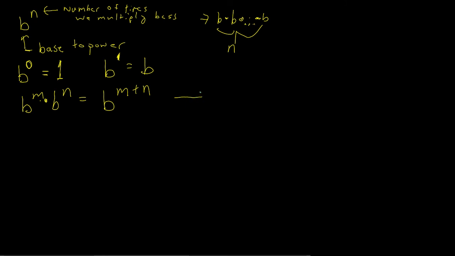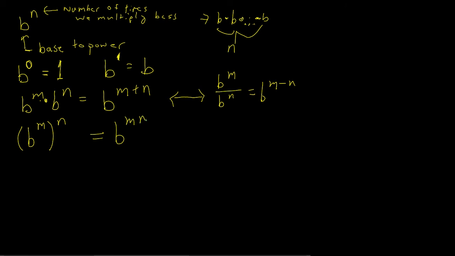And multiplication has its friend division. So if my bases are the same, and our key is always the bases are the same, if I'm dividing, I subtract the exponents. If I take my base to a power and I raise that whole thing to a power, I multiply my exponents.